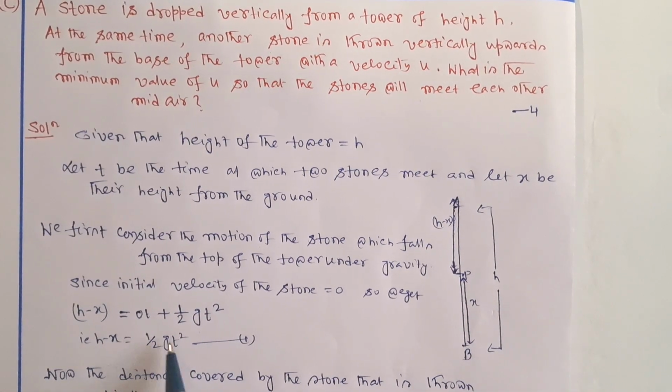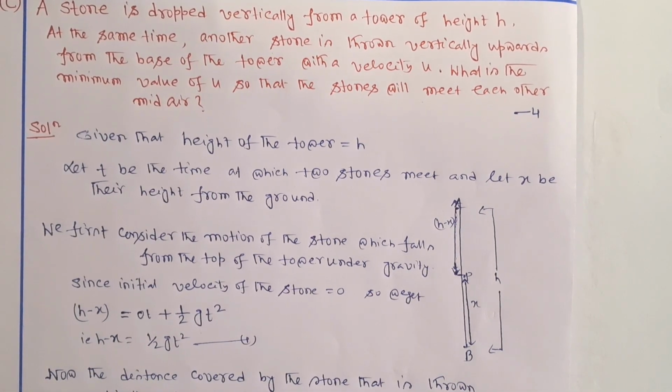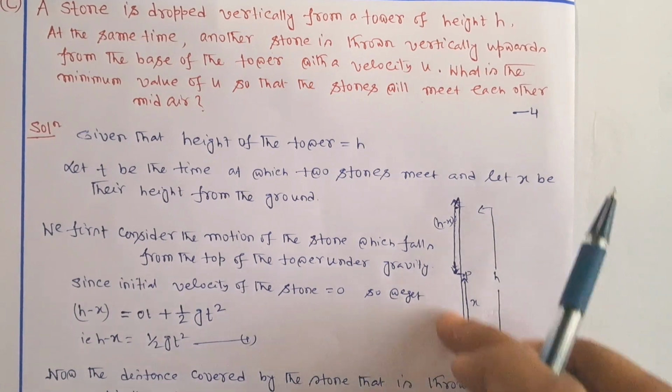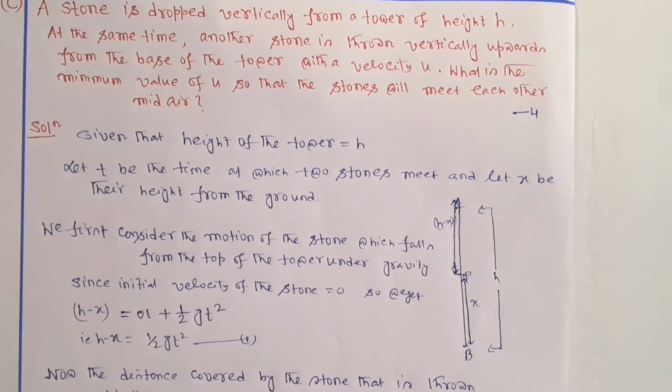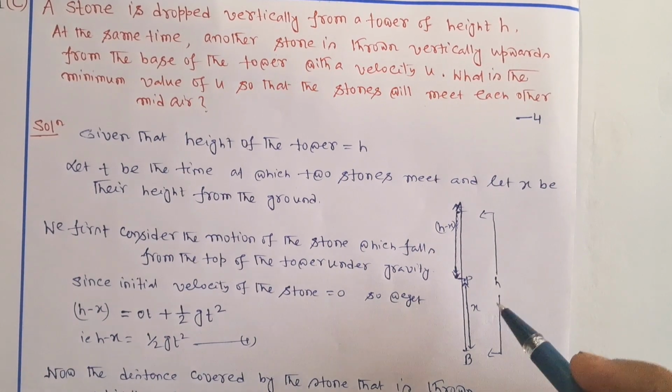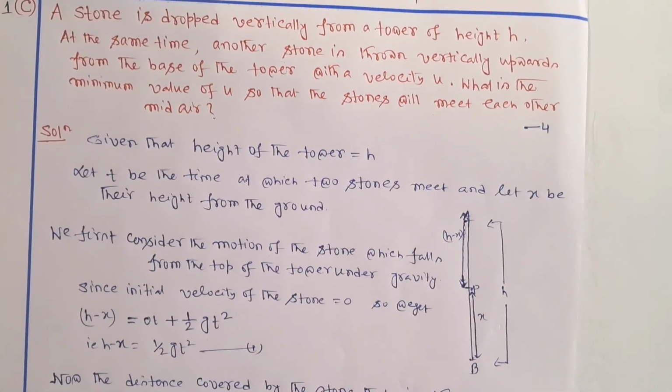And now the distance covered by the stone thrown vertically upwards is x equals ut minus half g t square. Why is it minus? Because g acts downwards, so against the upward direction we take it negative.